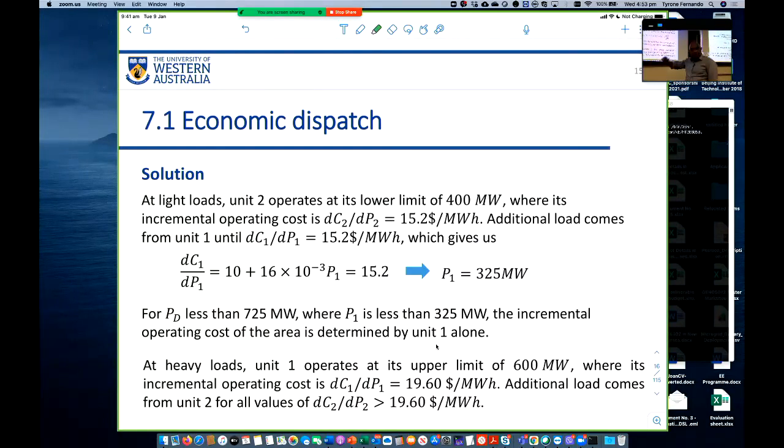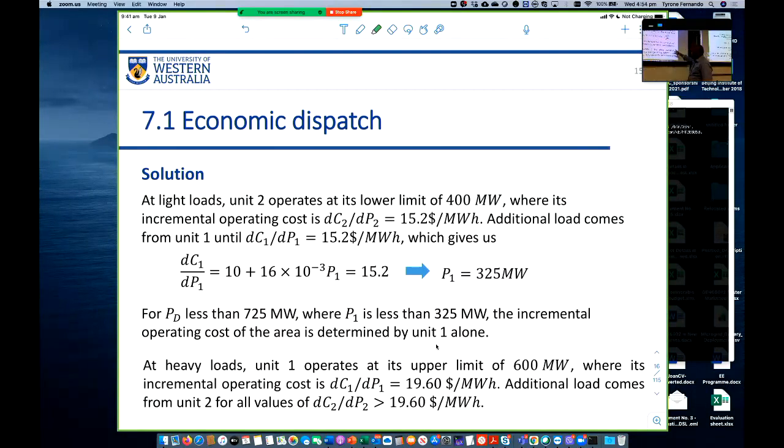So if it's producing less than that, the incremental cost of generator 1 is less than 15.2, isn't it? So you keep using it until that point, because it's going to be less.